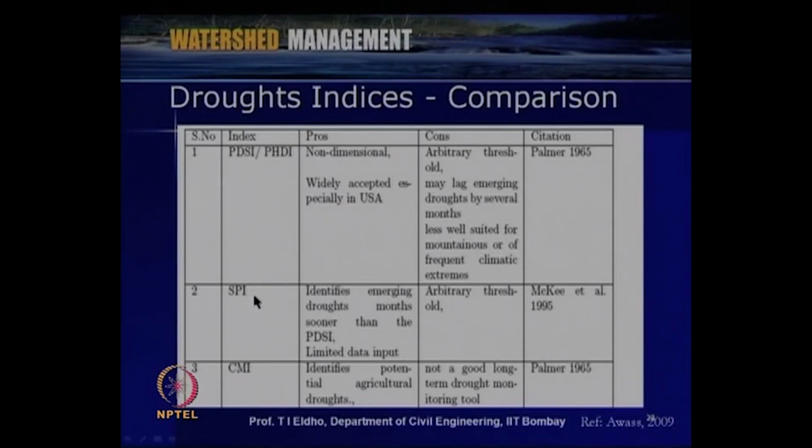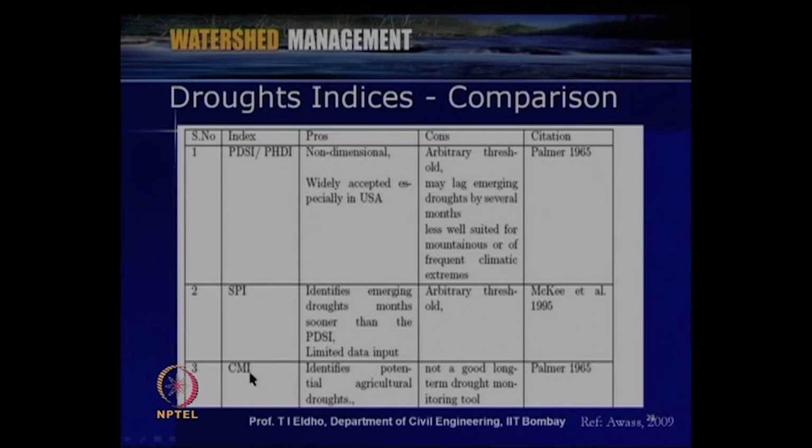Then the standardized precipitation index generally identifies emerging droughts months sooner than the Palmer drought index, and the advantage is that only precipitation data is needed. Here also there is the limitation of an arbitrary threshold, since the drought analysis is based only on precipitation, and it is given by McKee in 1995.